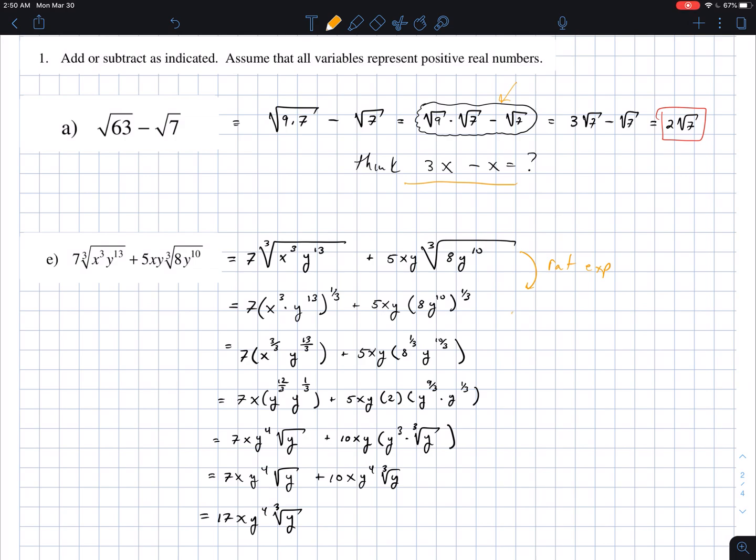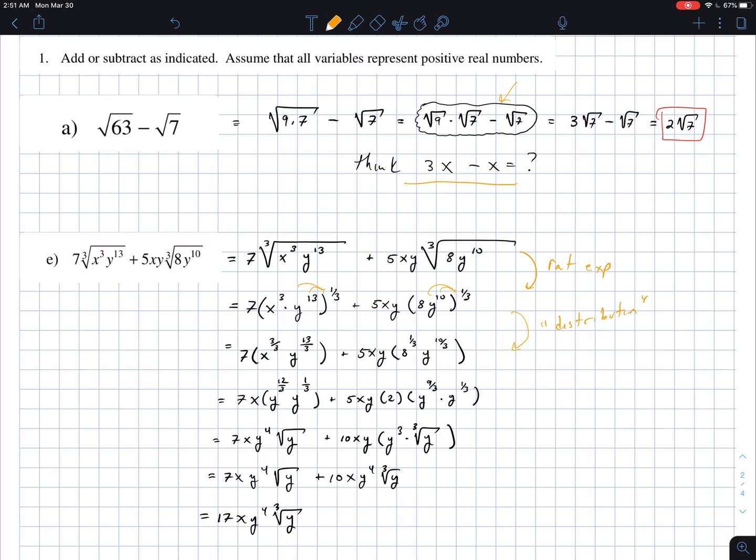So then, from this step, we did that sort of distribution move, which we're not supposed to call it, because it's really not distribution, but it reminds you of a way to think about it, that we're raising everything to that power.